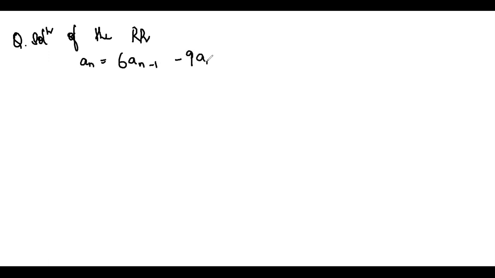So the question is, what is the solution of the recurrence relation. The recurrence relation is given as follows: An is equal to 6an minus 1 minus 9an minus 2, and initial conditions are given as a0 is equal to 1, a1 is equal to 6.